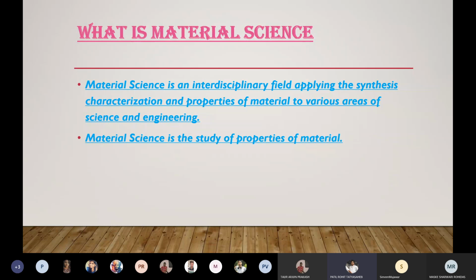Hello, am I audible, ma'am? Hello, your PPT is not visible. Hello, it's visible and audible also, both are there. Ma'am, was I audible for the last couple of minutes?